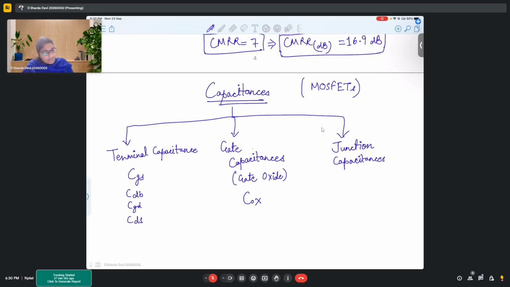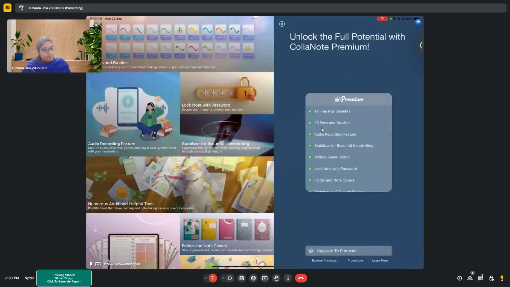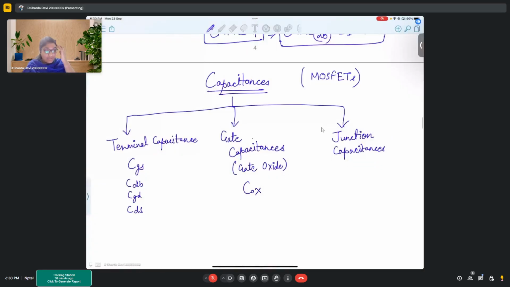So we have PN junctions, right, in our MOSFET. So we would have two capacitances, one between drain and body, and a small capacitance will also come from source body capacitance.